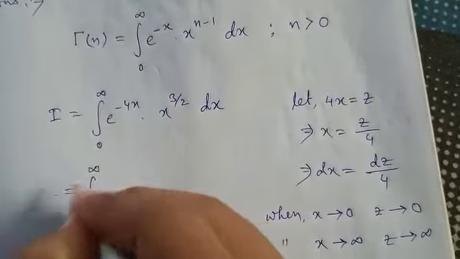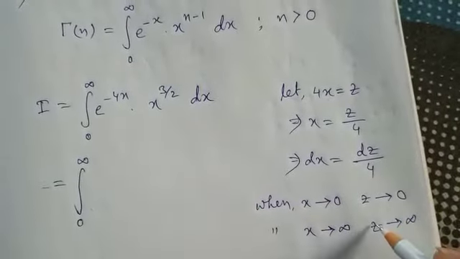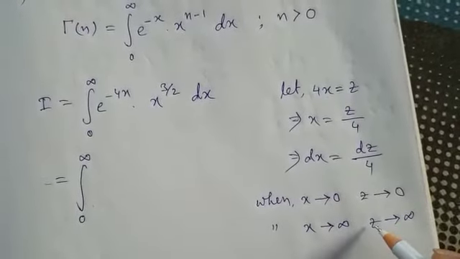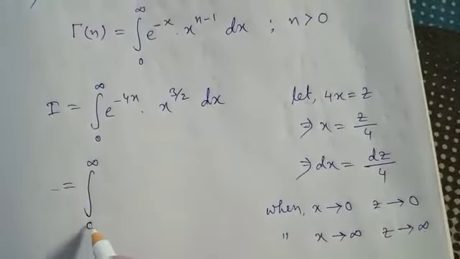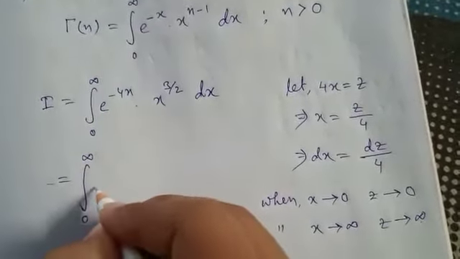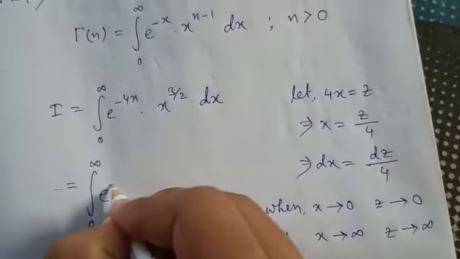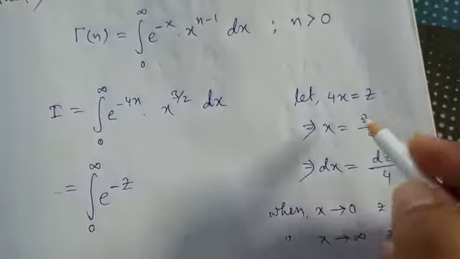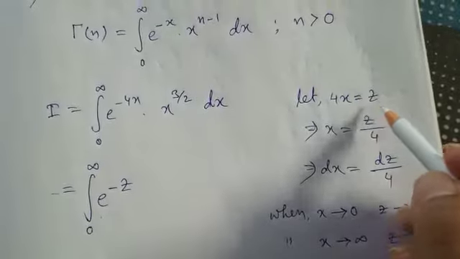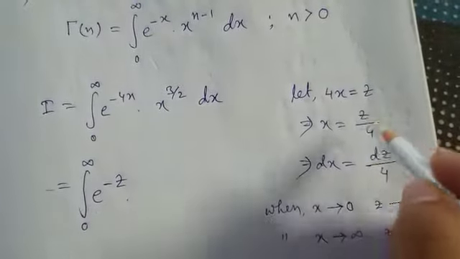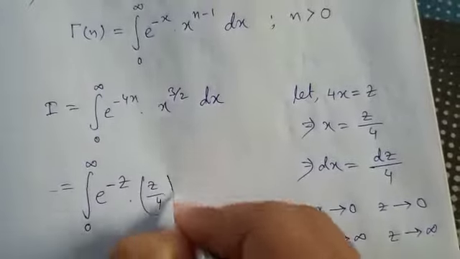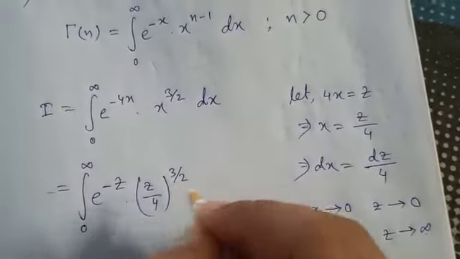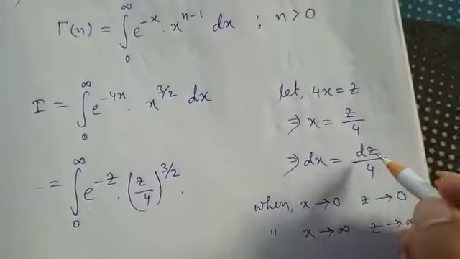Integration from 0 to infinity, because z is 0 to infinity, so we put this, of e to the power minus z, because 4x is equal to z and x is equal to z by 4, so z by 4 to the power 3 by 2, and dx is equal to dz by 4.